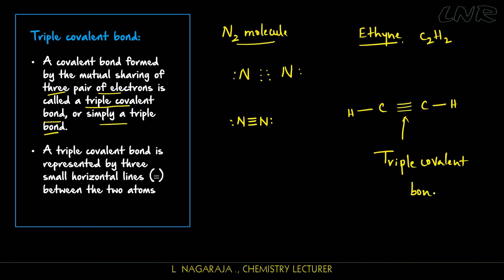The triple covalent bond is formed by the mutual sharing of three pairs of electrons. A single bond is formed by the mutual sharing of one pair of electrons, double bonds by the mutual sharing of two pairs of electrons, and triple bonds by the mutual sharing of three pairs of electrons.